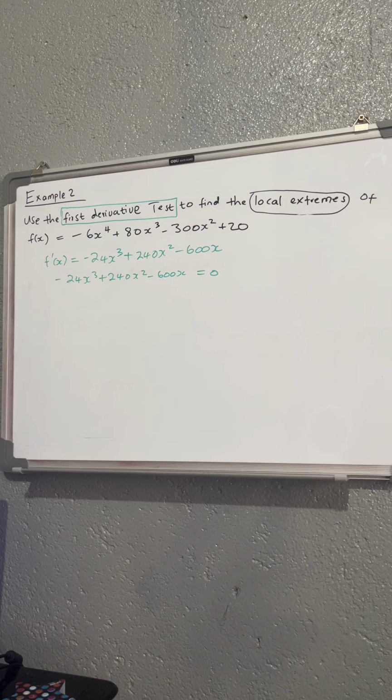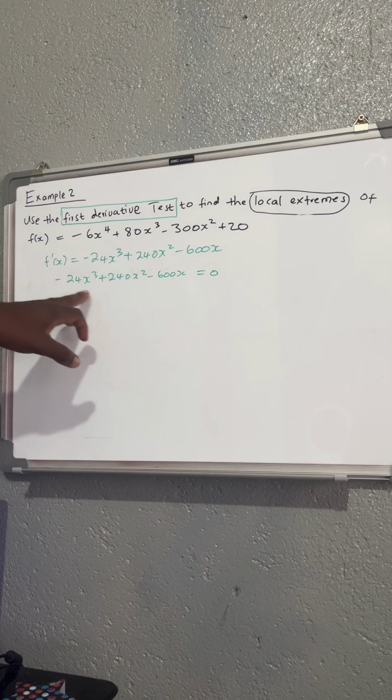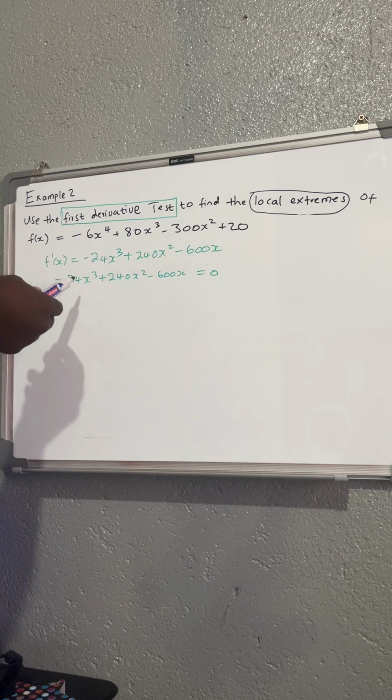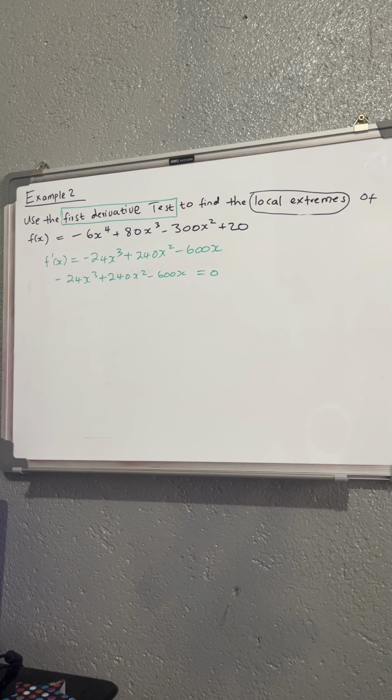So we have to try and find the factors for that. Since we have x throughout, and if we're also considering the values 24, 240, 600, they all share a common factor, which is 24, meaning we can divide by 24 throughout. But since we also have x in each of those, we can take minus 24x outside, so that we are left with a positive x squared inside.